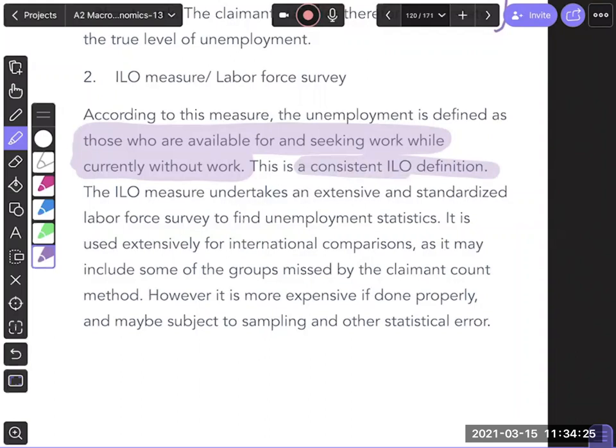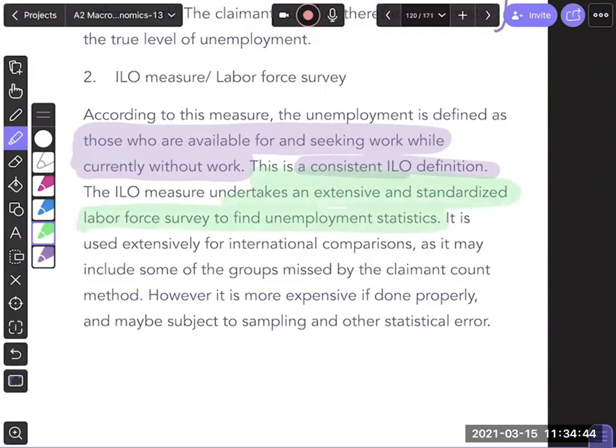Also, the ILO measure undertakes a very extensive and standardized labor force survey to figure out the unemployment statistics. So there is a lot of consistency when it comes to using this survey.